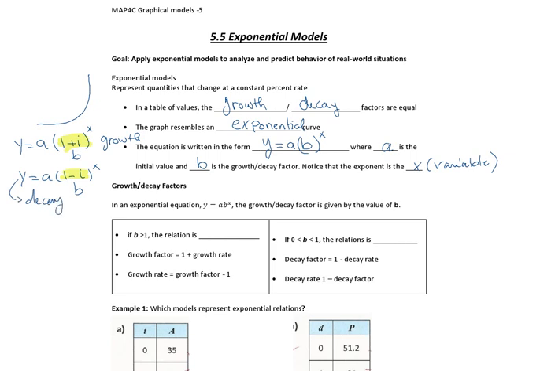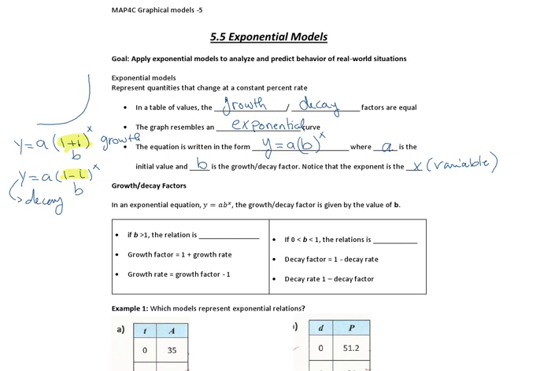Okay? You guys, if I ask you for the growth factor, I'm looking for b itself. So if I'm asking you what's the growth factor, you just look at b and tell me that it's that. But if I ask you for the growth rate, you have to do the math. Remember that table that I gave you on the test that passed, right?